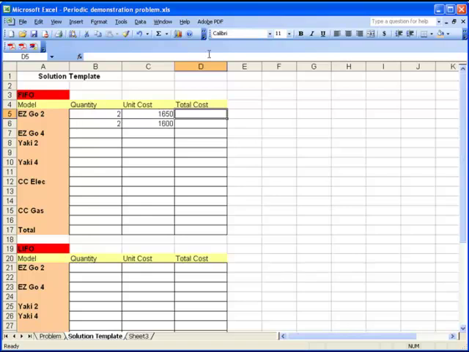We'll build a simple formula to do that, equals this times this, and then we can simply copy that formula down as we need it. We'll need it for all of these.